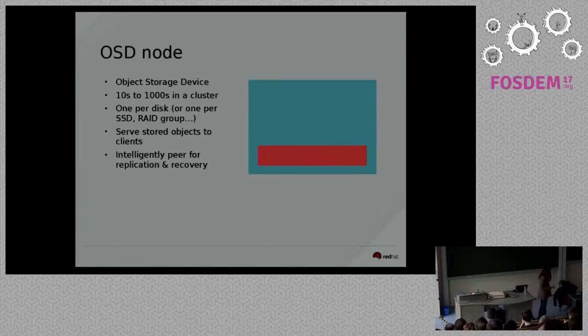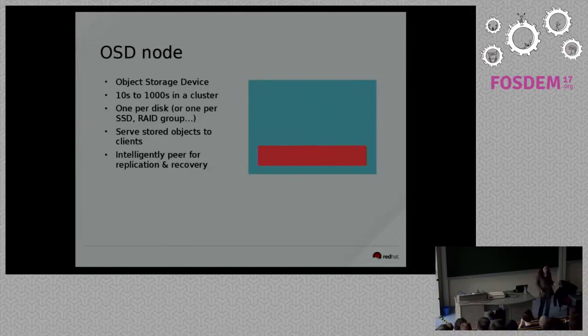So a Ceph Rados cluster has two kinds of node. The first one, OSD, object storage device. Those, we have lots of those daemons, tens to 10,000. I think 10,000 is a lot, maybe thousands. And we have one OSD per disk. You can put an OSD on a RAID, but it's a bit of a waste because we do the replication ourselves.